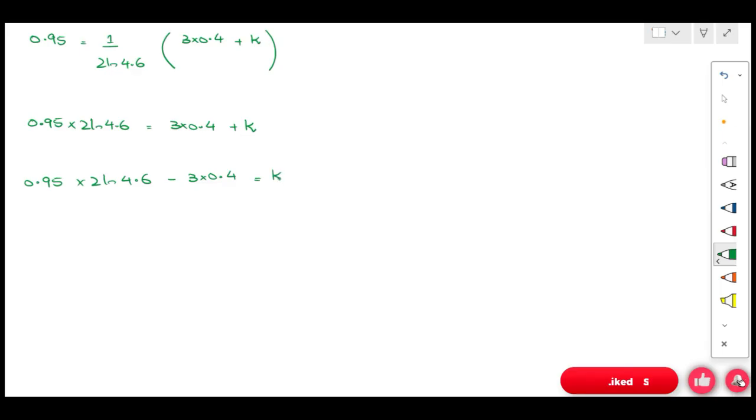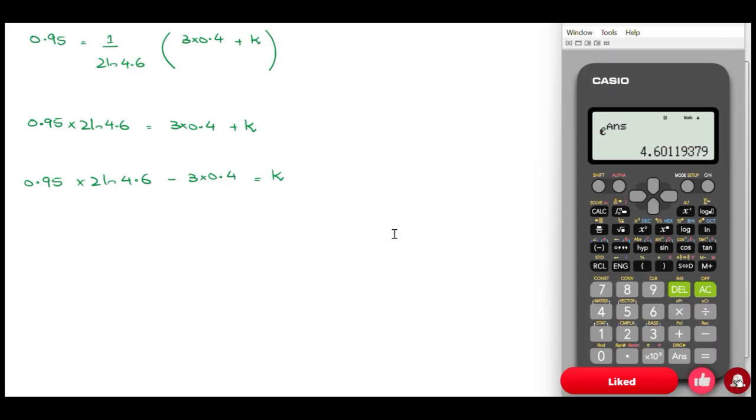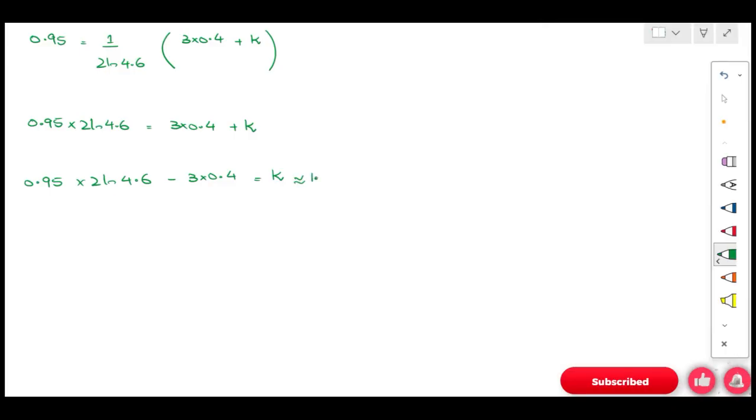This is your k value. Let me solve everything. Okay, so here we have the k value, 0.95 multiplied by 2 times natural log of 4.6, bracket minus 3 times 0.4, which is 1.699 or 1.7, you can round it to. So from here the k value is 1.7.